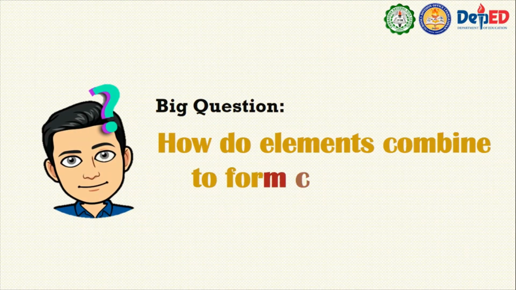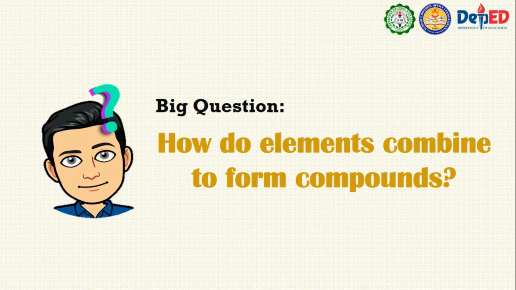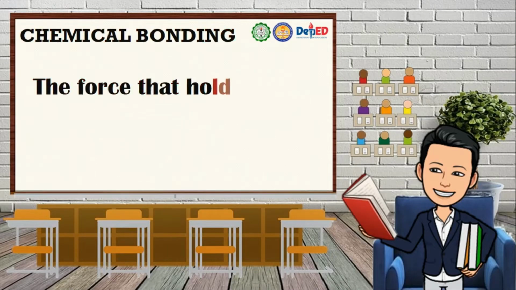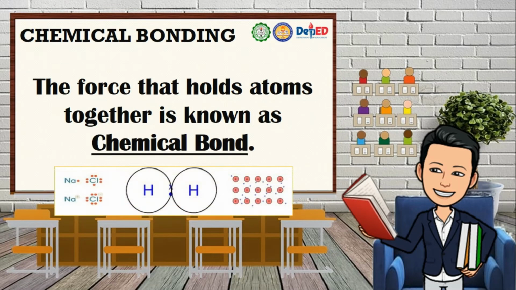Now, the big question is, how do elements combine to form compounds? It is through chemical bonding. The force that holds atoms together is known as a chemical bond.